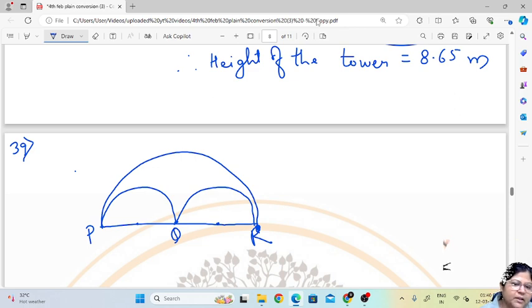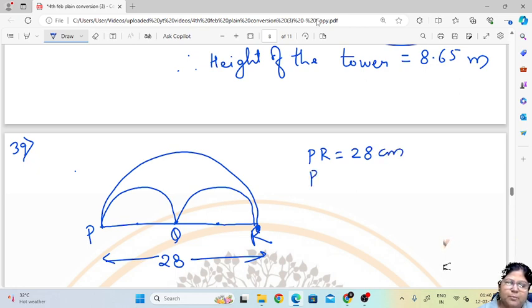If PR is 28 centimeter, so how much will be PQ? Equals QR, because that are the radius will be 14 centimeter.